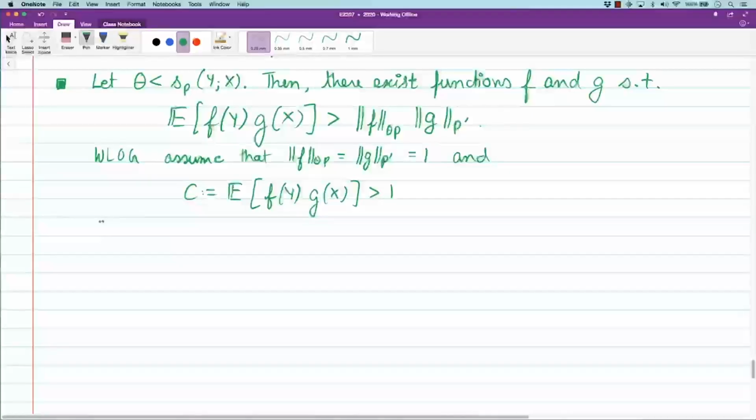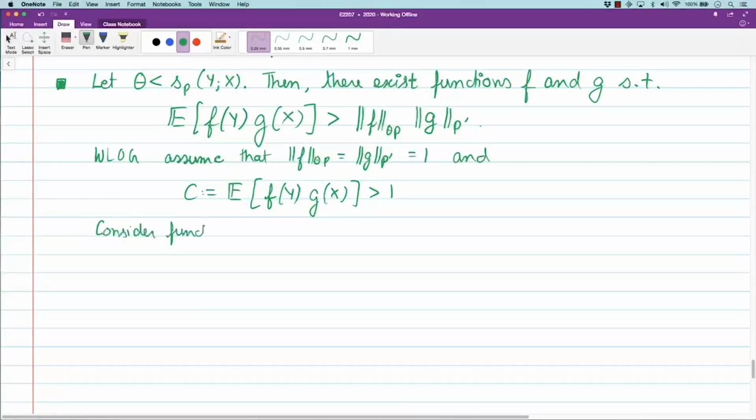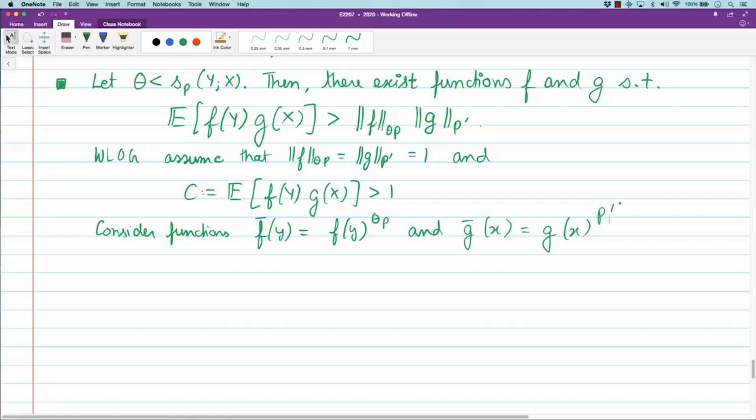So consider functions f bar(y) given by f(y) to the power theta p and g bar(x) given by g(x) to the power p prime.